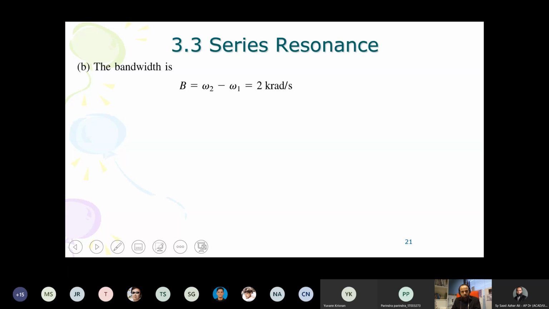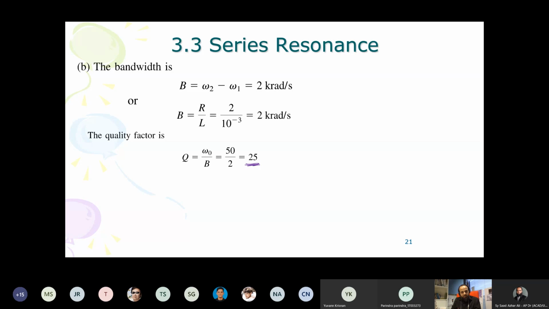So the bandwidth is 2 kiloradian per second, obvious. And this can also be found out by R upon L. And the quality factor is 25. You can see 25 is much more than 10, so it's a high quality circuit. That's why we were able to identify this.